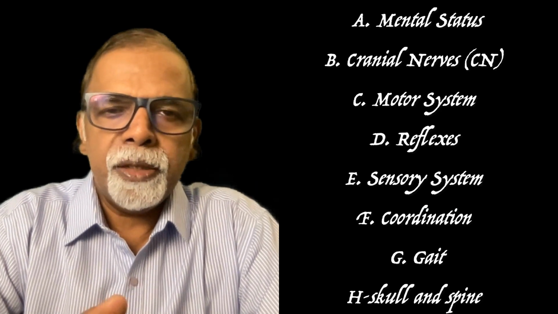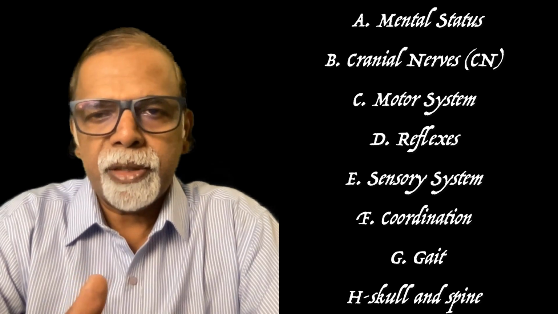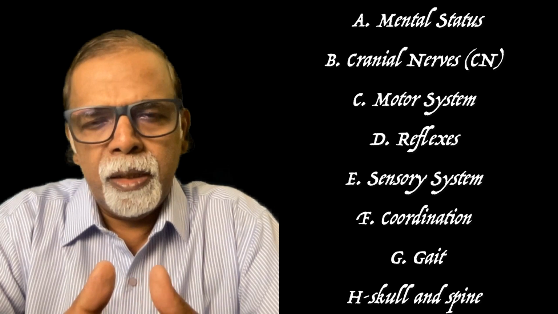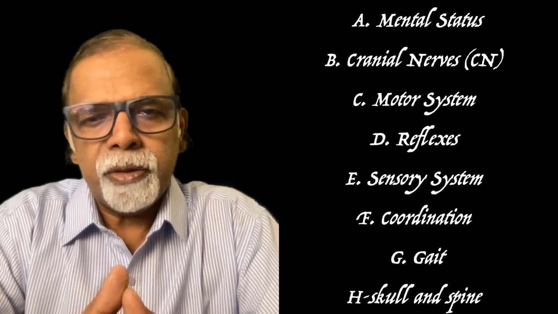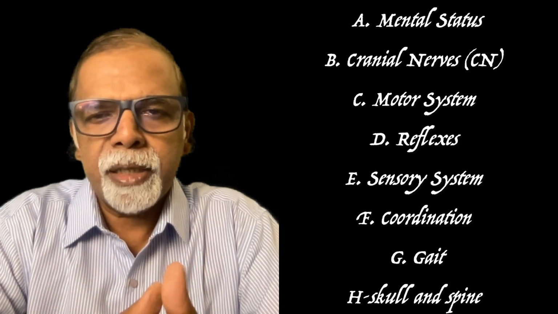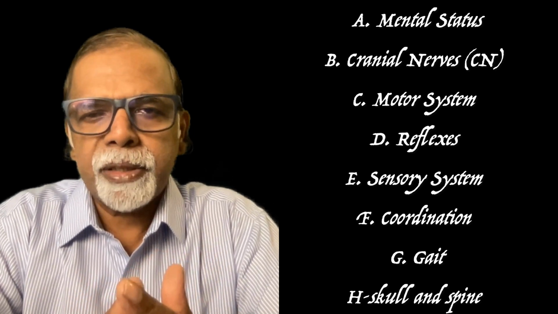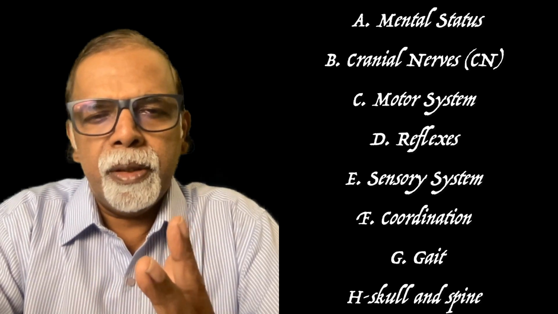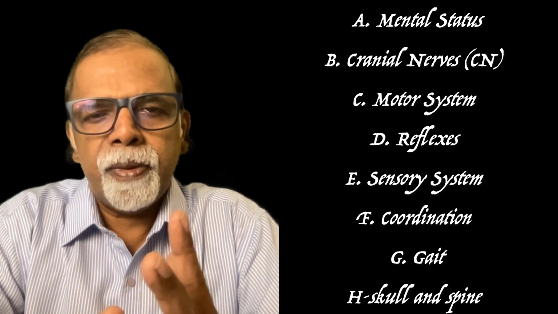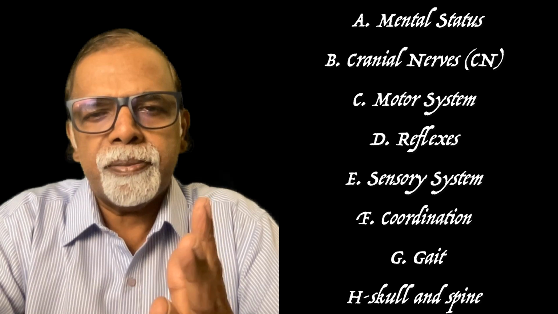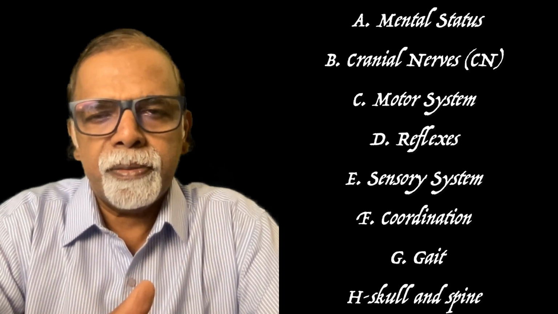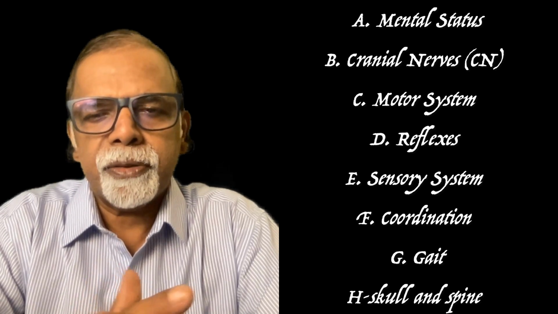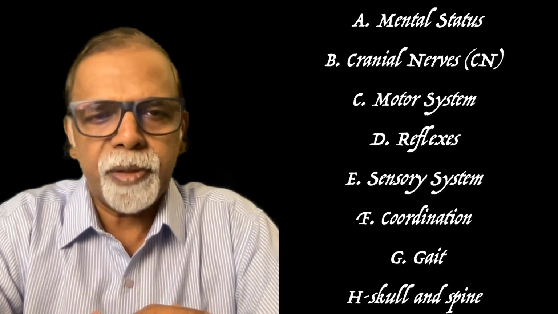key. There is no universally accepted sequence of examination, but today I'll be discussing what is better to do in the following sequence: A. Mental status, B. Cranial nerve examination, C. Motor system, D. Reflexes, E. Sensory system, F. Coordination, G. Gait, and finally signs of meningeal irritation, that is skull and spine.